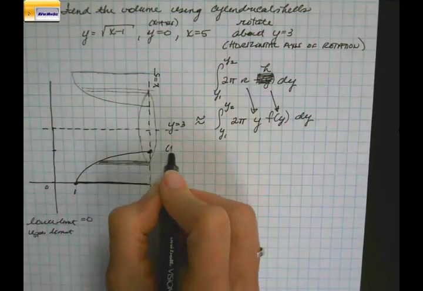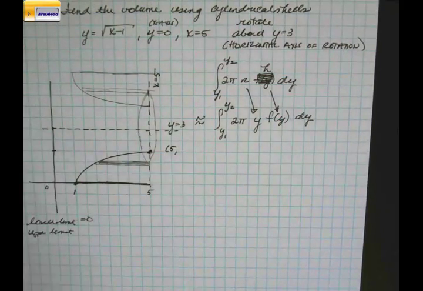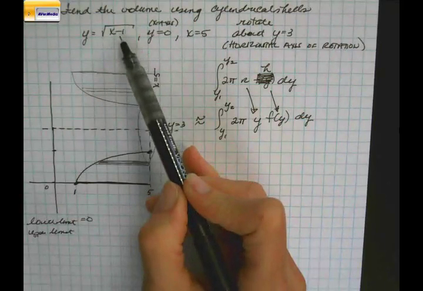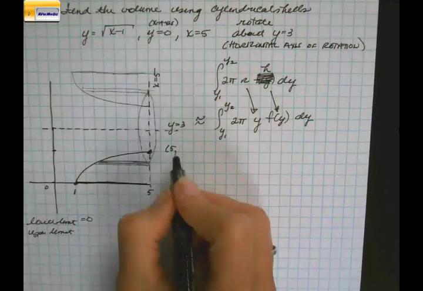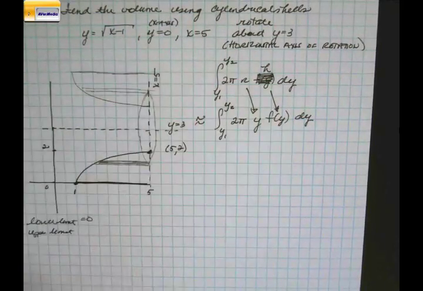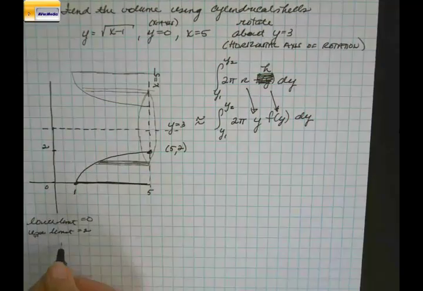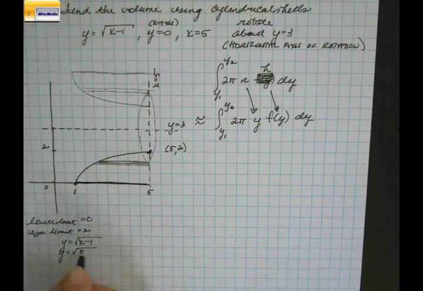This point right here is where the x value is 5. So if the x value is 5, 5 minus 1 is 4. So you have the square root of 4, so it's a 2. There you go. So you're going to integrate from 0 to 2. How did I do that? y equals the square root of x minus 1, and since x was 5, I need to write that down for your notes, your reference, so y is 2.